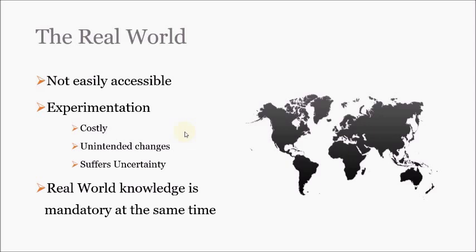And thirdly, the real world suffers from uncertainty. Suppose you want to measure a quantity. Due to the duality of nature, it is not possible to do two simultaneous measurements at the same time.